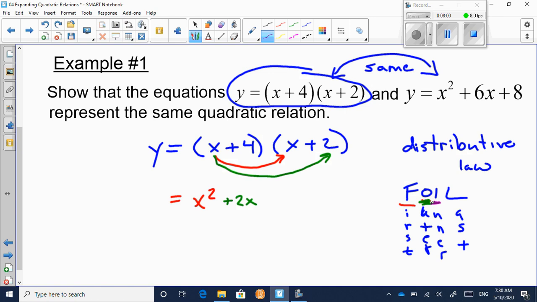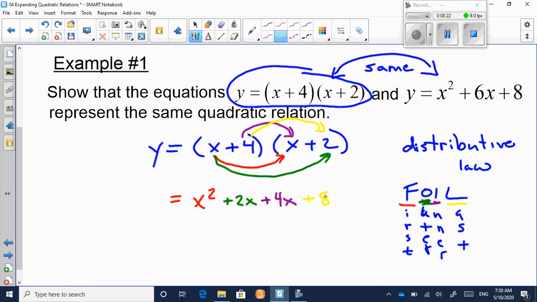Inner. So here we go. We're going to do that times that. So plus 4 times plus x is plus 4x. And finally, last, the 4 and the 2 are last, so 2 times 4 is 8. So that is FOIL: first, outer, inner, last.